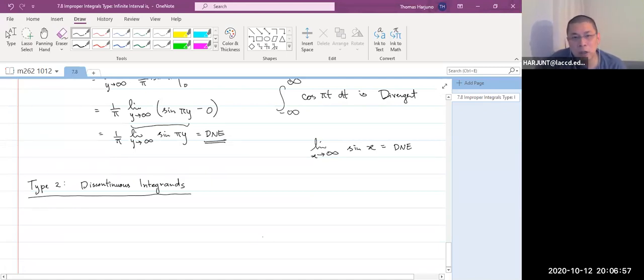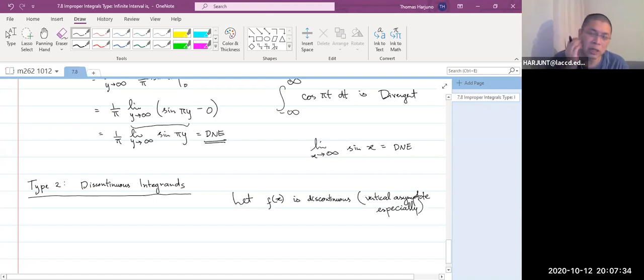Suppose I have an integrand f(x) that is discontinuous. In fact, it's discontinuous to infinity, you have a vertical asymptote, especially when it has a vertical asymptote. But as long as it is discontinuous, we will do the following.